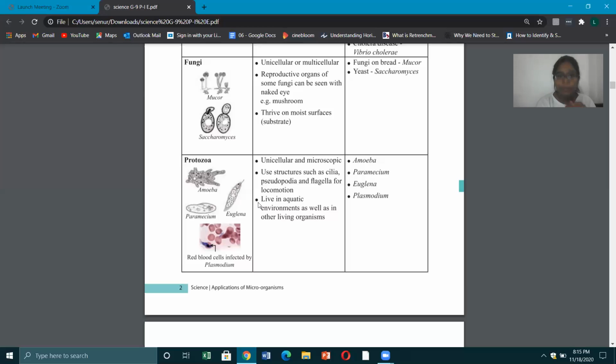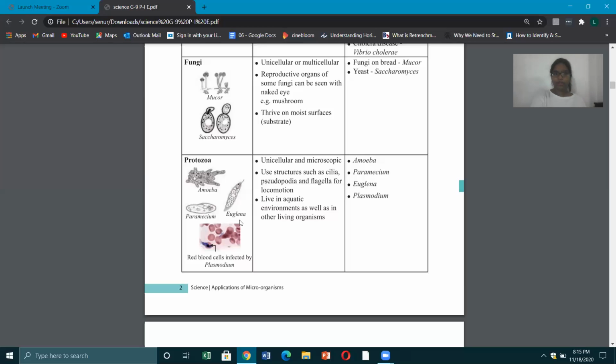So if you take amoeba, children, amoeba uses pseudopodia. Now I want you to write in front of amoeba: the structure amoeba uses is pseudopodia. And the paramecium, that specific type of protozoa, uses cilia.